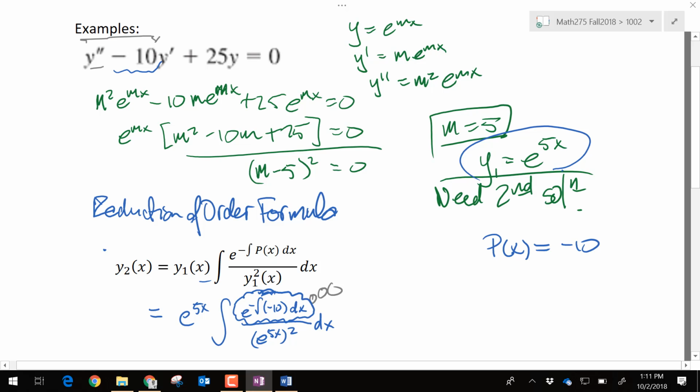All right, so we were trying to figure this out. This is a positive 10, it turns out, right? E to the integral of 10 dx is equal to e to the 10x. Is that right? So that's what goes in the numerator.